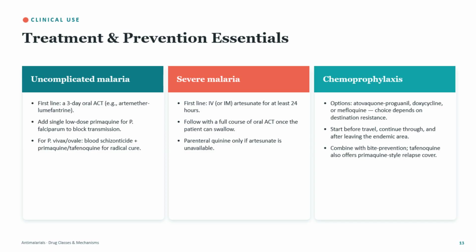For severe malaria, my approach is IV artesunate for at least 24 hours, then a full oral ACT course, and parenteral quinine only if artesunate isn't available. For chemoprophylaxis, I choose atovaquone-proguanil, doxycycline, or mefloquine based on destination resistance, started before travel and continued after.